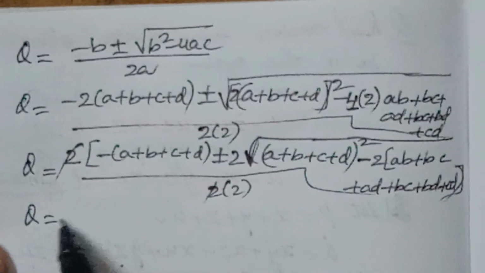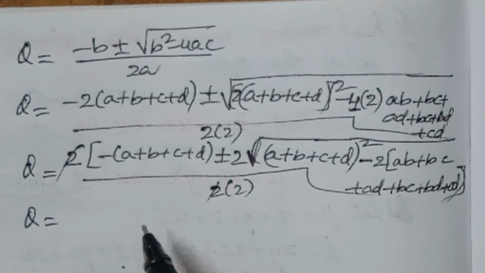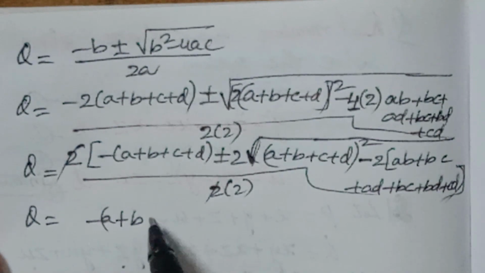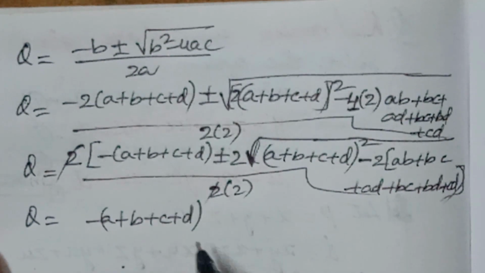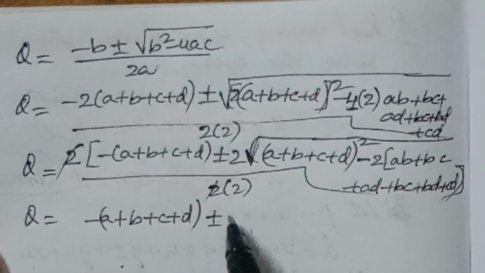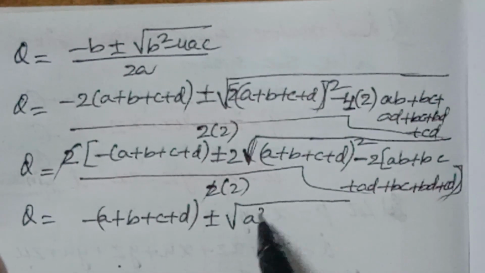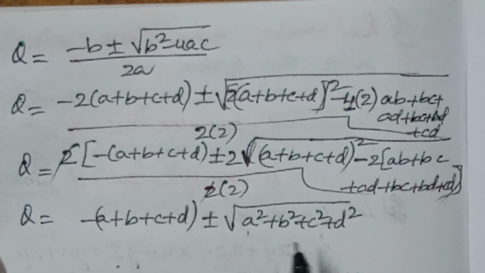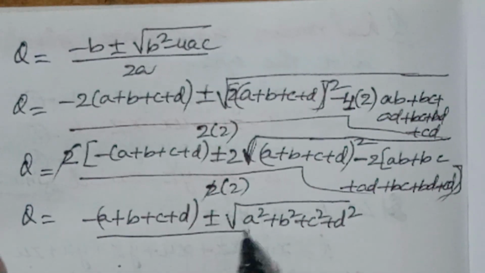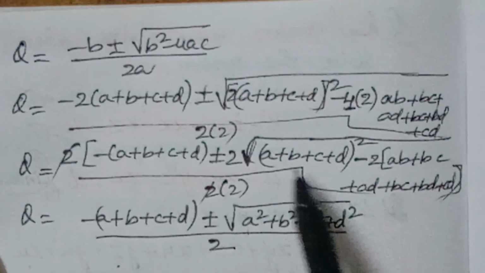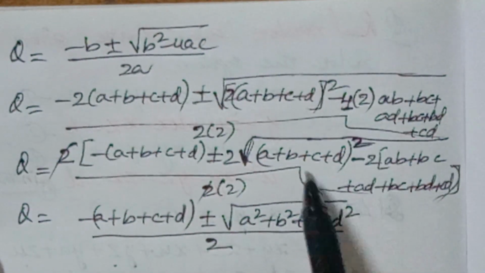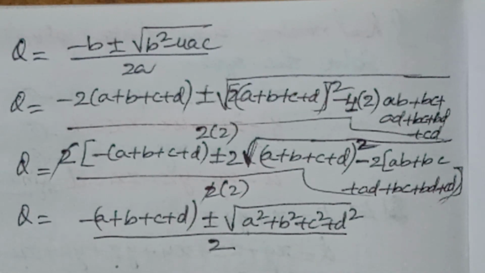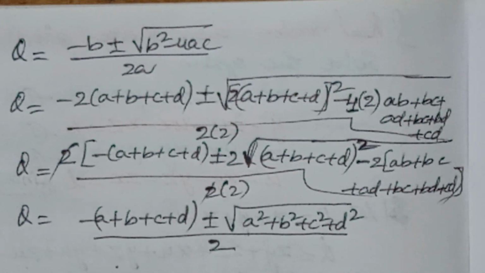Now q is equal to, by solving this, (−(a plus b plus c plus d) plus or minus the root of a² plus b² plus c² plus d²) by 2. Here, if you do the whole square, the terms will cancel. So that is the q value.